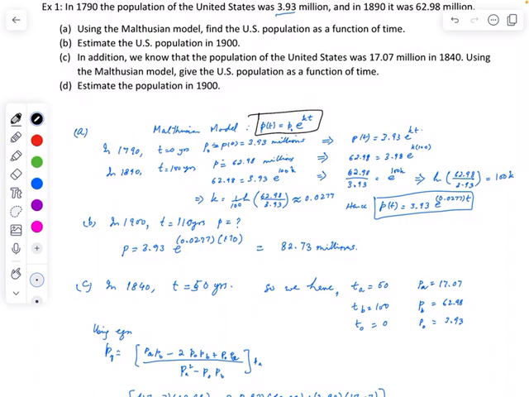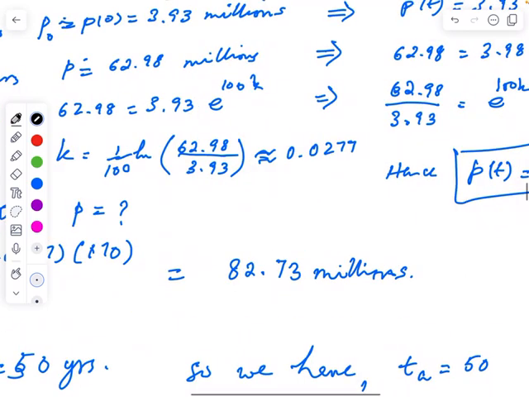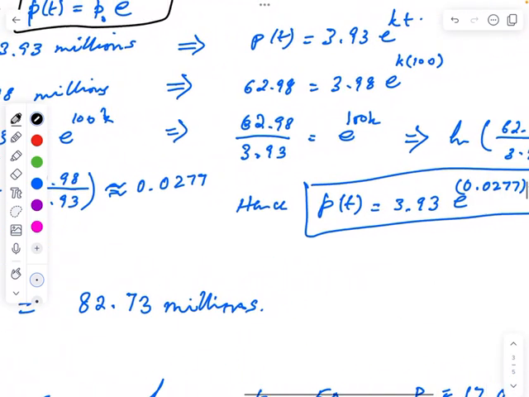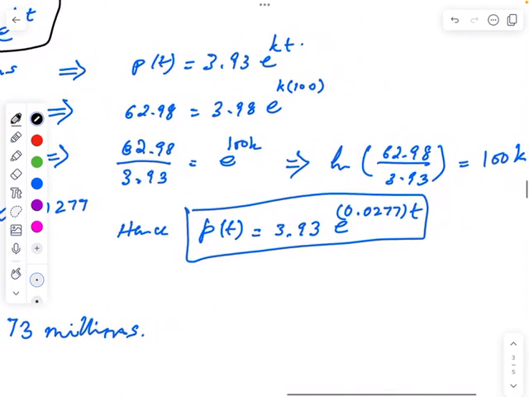Well, it's 100 years later, so t is 100, and P is given to be 62.98 million. So plugging in this P value, 62.98 equals 3.93, so this should have been a 3, let me make this correction, this is 3.93, times e to the k times 100.